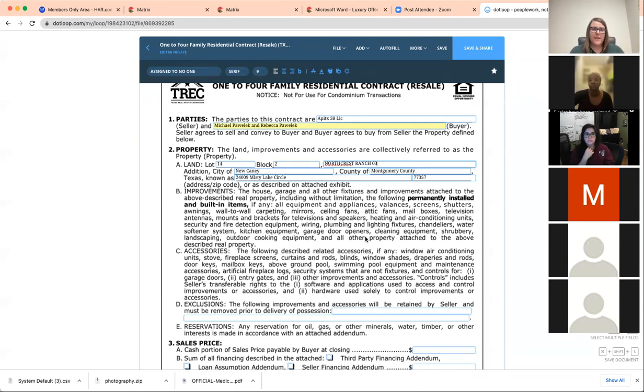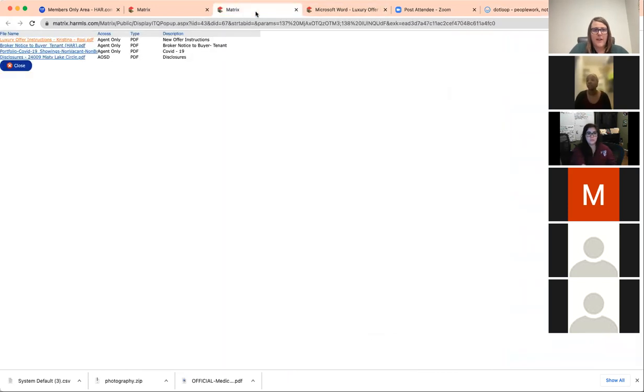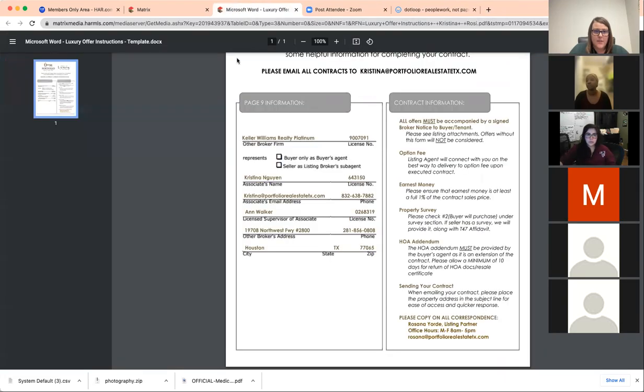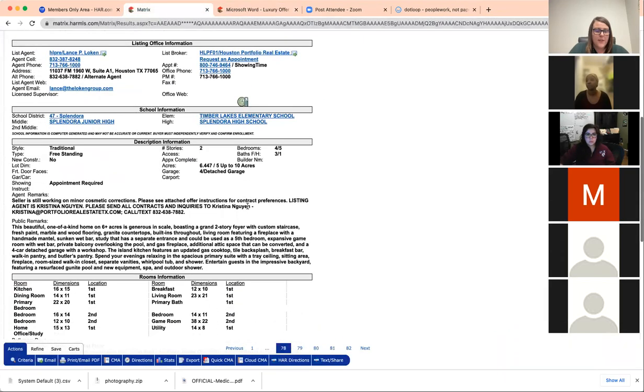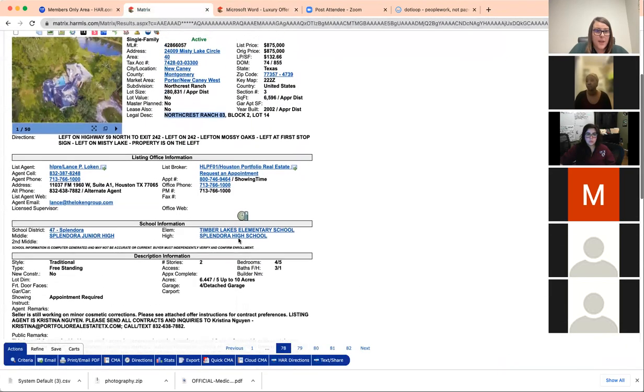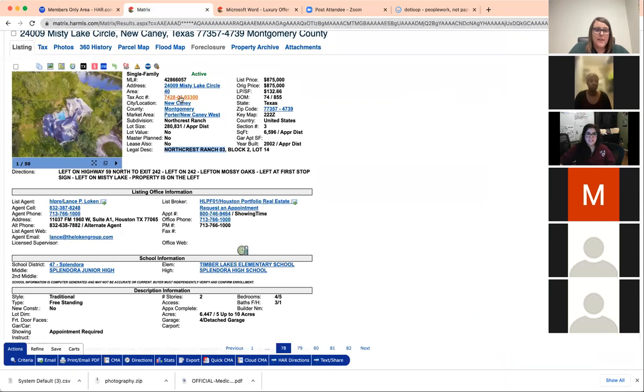Now, if it's 2 lots with 1 tax ID, then it could be 1 contract. So you just need to make sure you are aware of what's happening with the property. And if you have any questions, that's what I'm here for.